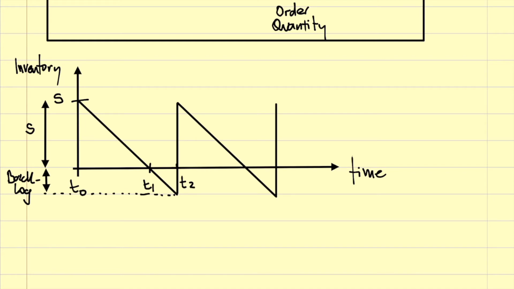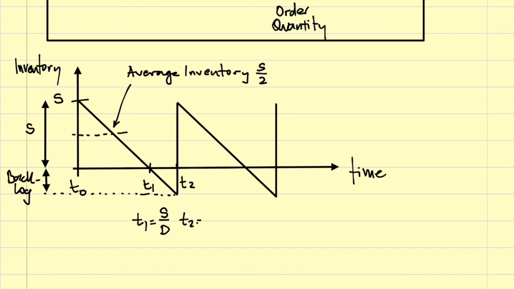So when we have inventory, the average inventory is S divided by 2. T1 is S divided by the demand. And T2 is Q divided by the demand, just as before.